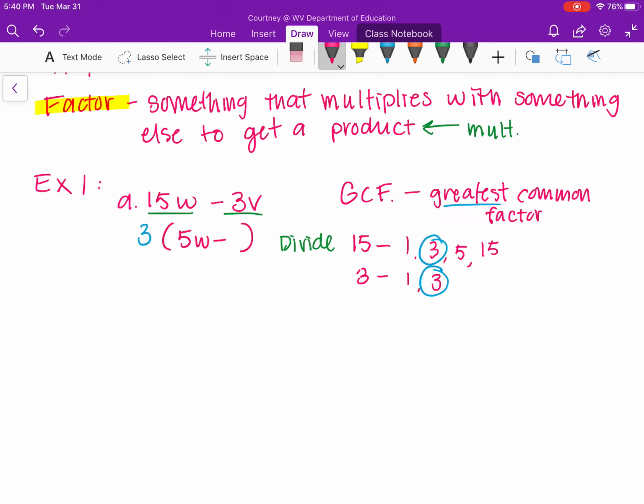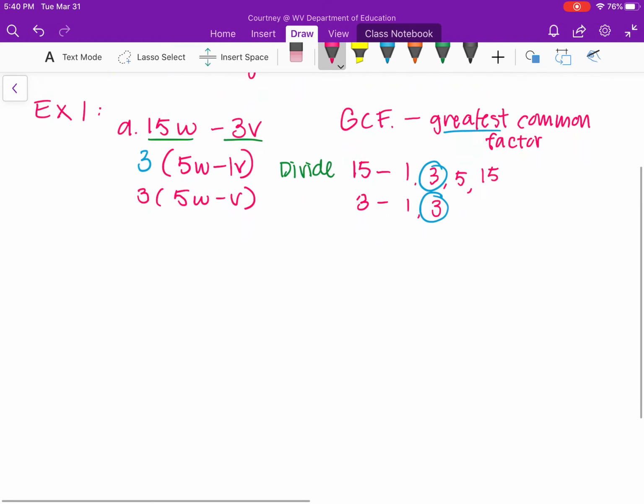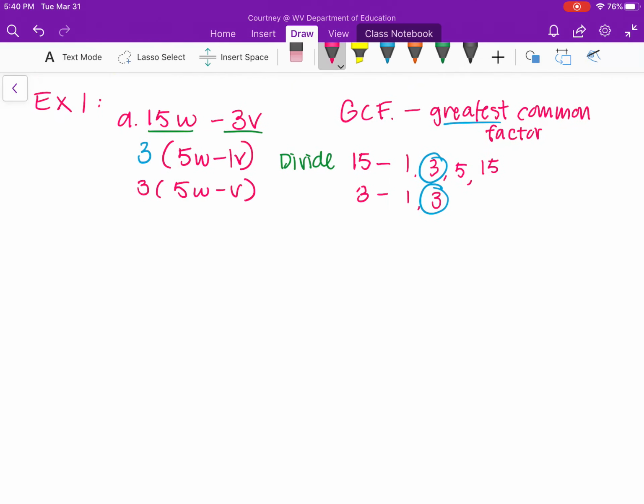Okay, the W just stays there. And here, 3 divided by 3 is just 1. And the V stays where it is. So basically this is just take what they have in common out and then write what's left over on the inside. Okay, I'm going to rewrite that without the 1 because it means the same thing. Okay, if you're confused, I'm going to slow it down and we'll do it again for part B.